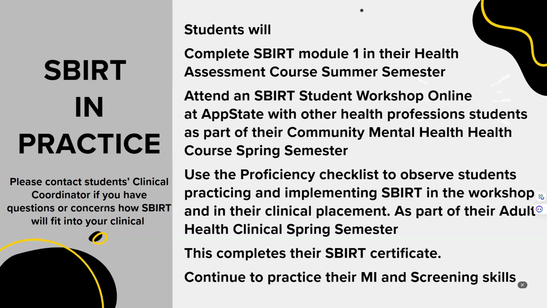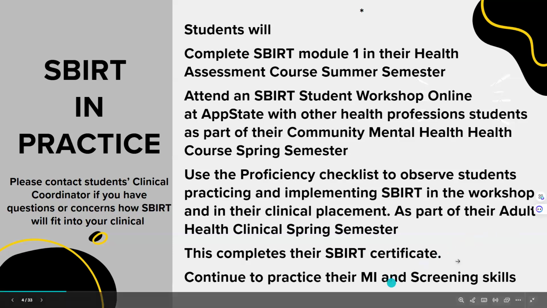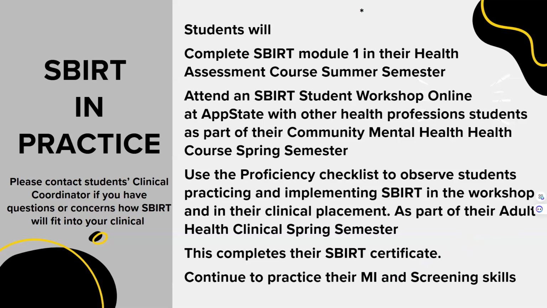So students complete that first Module 1 in their assessment course. Then they attend an online workshop, which equals about 6 hours of material. They do 4 hours independently and 2 hours in the workshop. And then they will use the proficiency checklist in their clinical setting as part of that adult health.